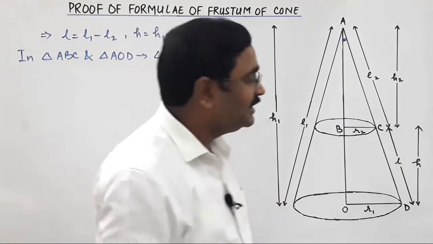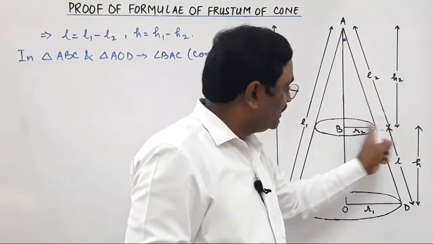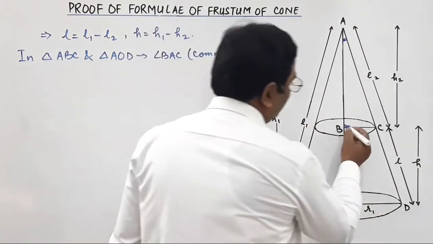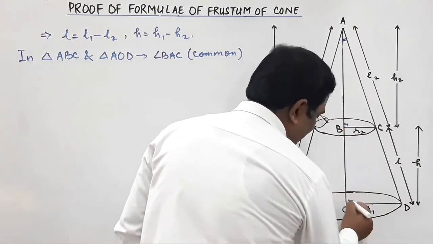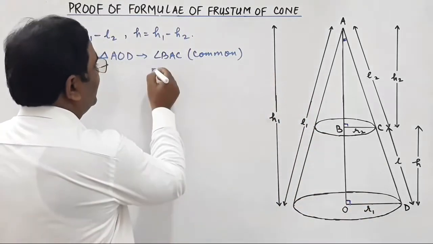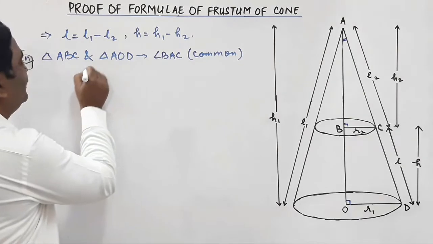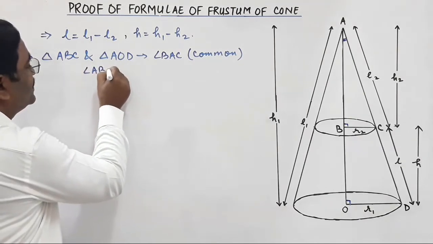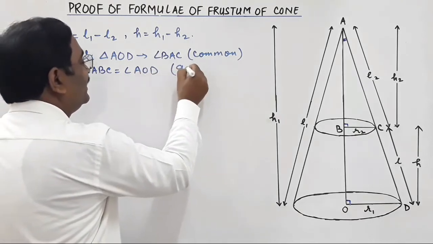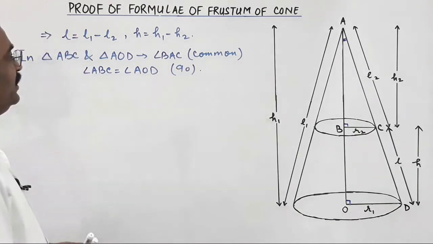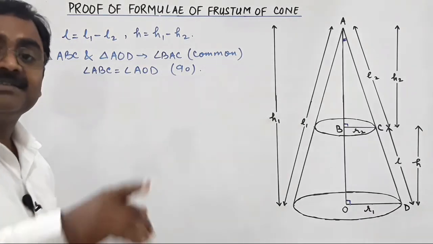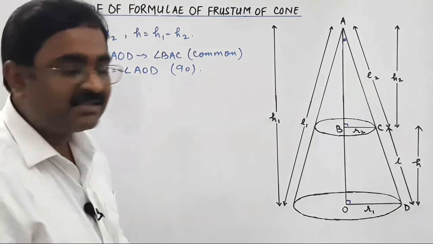Also, angle ABC is equal to angle AOD, both are 90 degrees. So if any two angles are equal, both the triangles are similar by angle similarity.